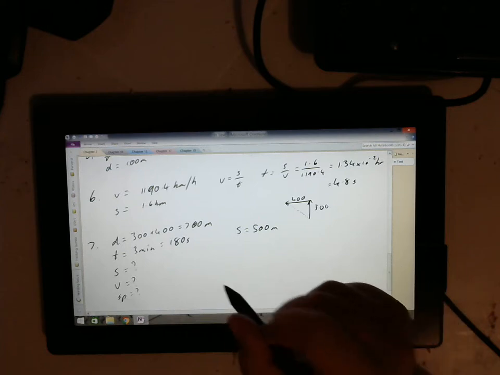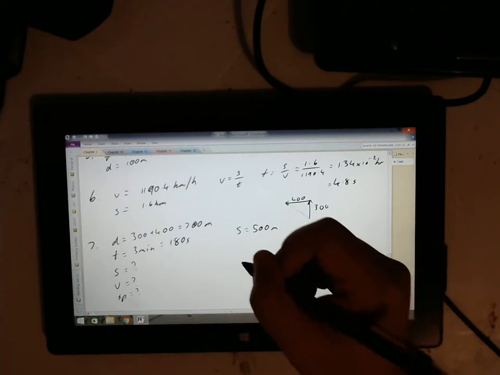Now we've got our displacement, which means we can do velocity and speed. Let's work out speed.